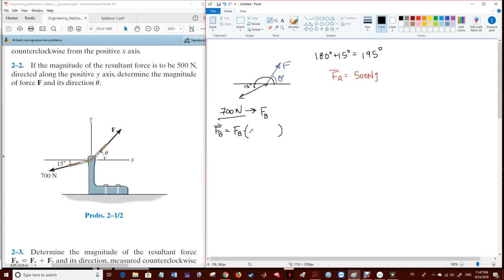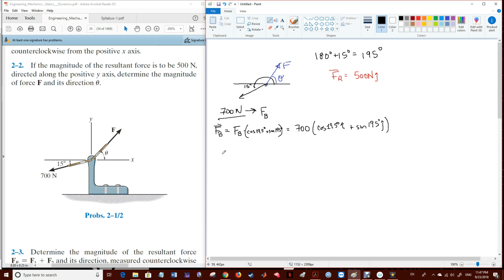So the unit vector will be cosine of 195 degrees plus sine of 195. And because 195 degrees is an angle in quadrant 3, we will find that cosine and sine of that will be a negative value. So for right now, I will write this as 700 times cosine of 195 degrees in the i direction plus sine of 195 degrees in the j direction.